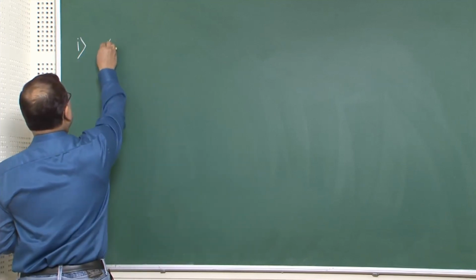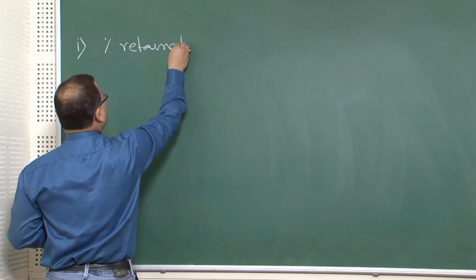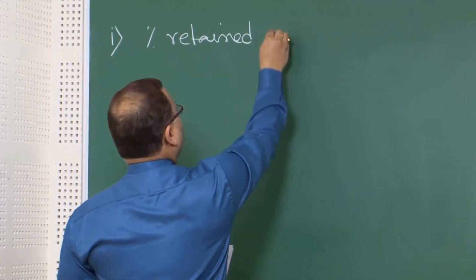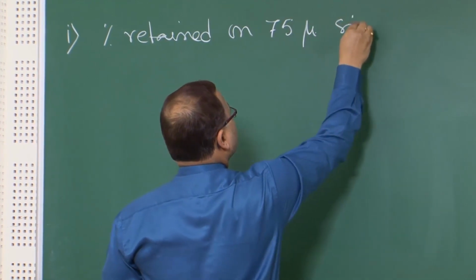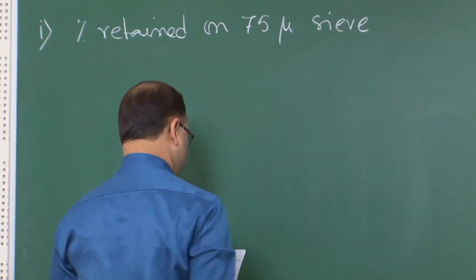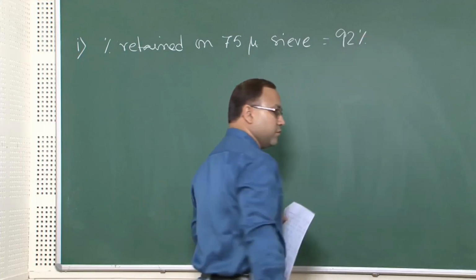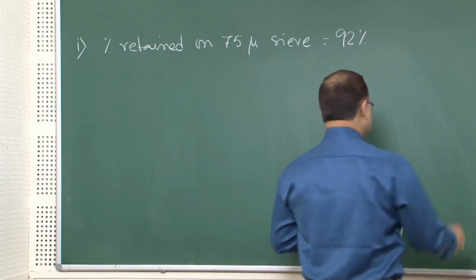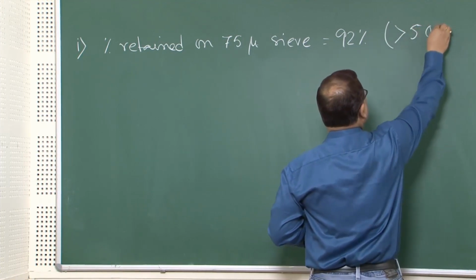So, it is given percentage retained on 75 micron sieve equal to 92%, right. So, which is basically greater than 50%.